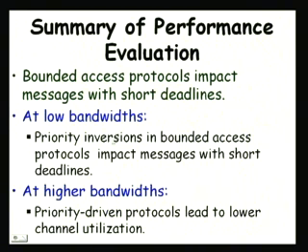At low bandwidths, the priority inversion in the bounded access protocol impacts the messages with short deadlines. See, the priority inversion is higher in the bounded access protocol, which is given by 2 into TTRT, isn't it? We had done some examples that the priority inversion is 2 into TTRT, and if messages have short deadlines, they cannot tolerate 2 into TTRT.